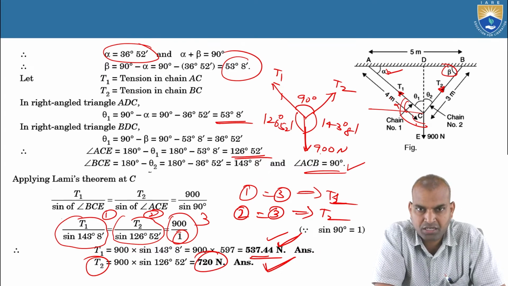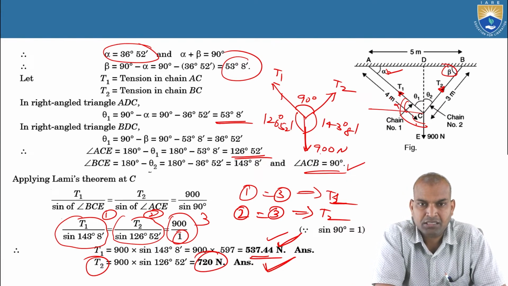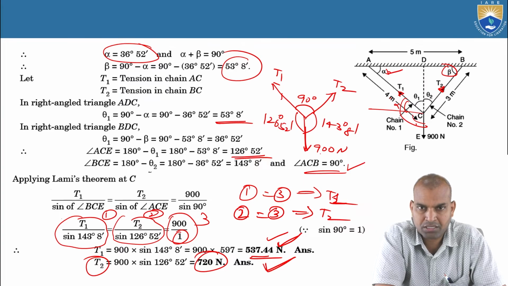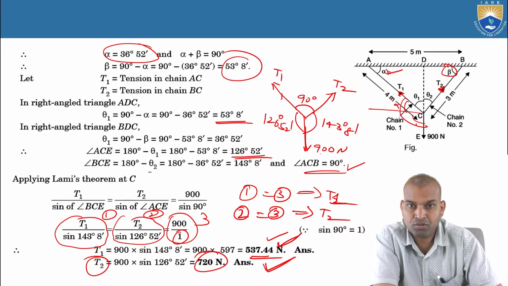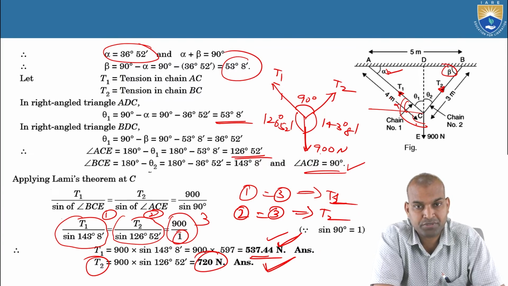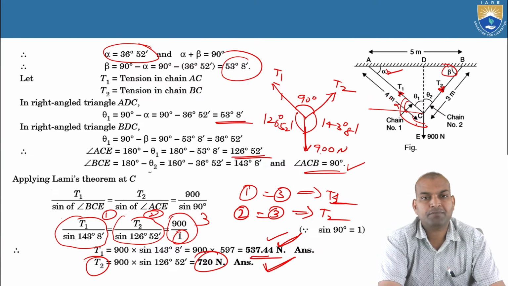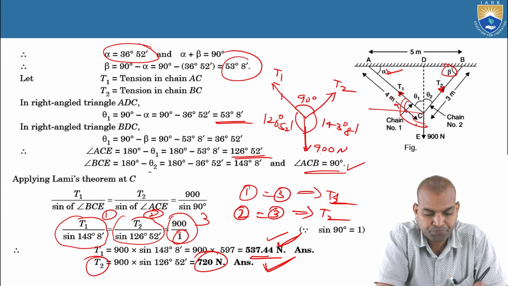Here the lengths of chain 1, chain 2, and between them are given: 5 meters, 4 meters and 3 meters. We have to find the angles between them using the concepts of geometry, and after that we applied Lami's theorem. Thus we calculated the tensions T1 and T2.